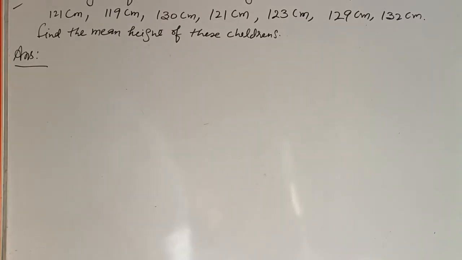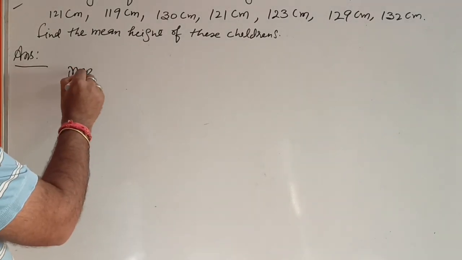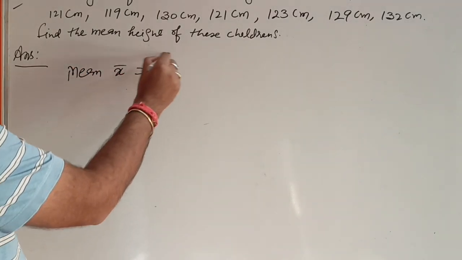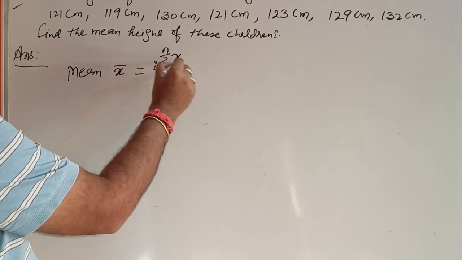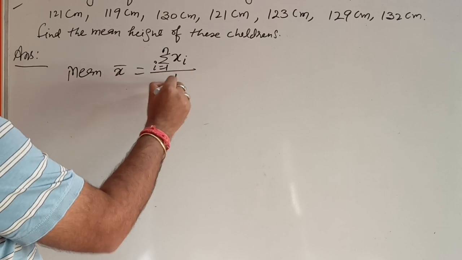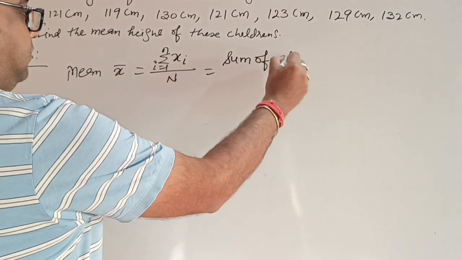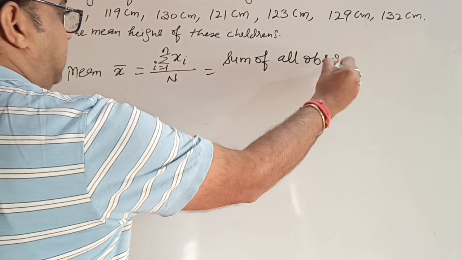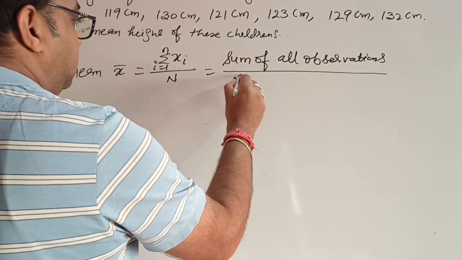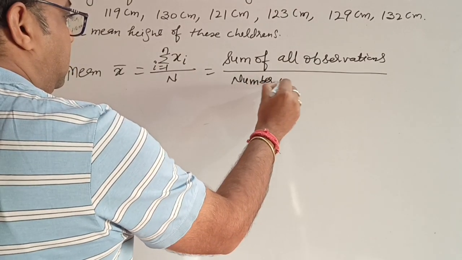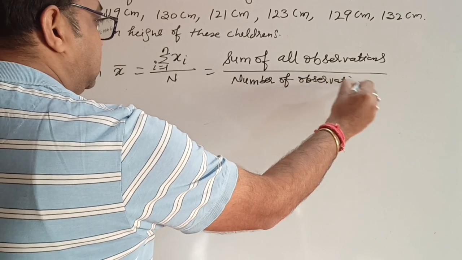In that case, the mean for ungrouped data is x bar equals sigma i equals 1 to n xi upon capital N. That is, sum of all observations upon number of observations.